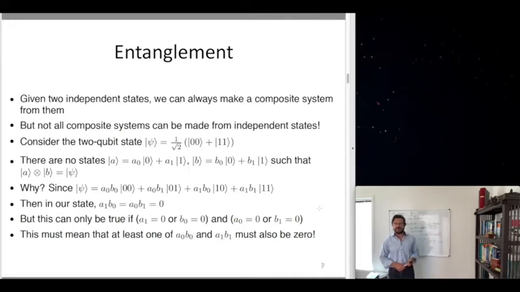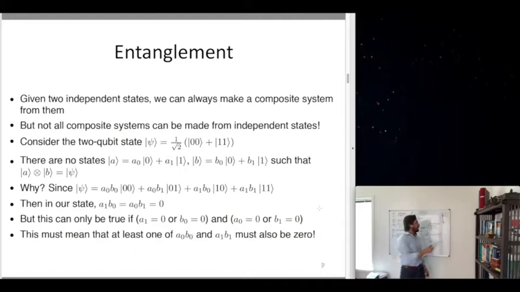If you look at maximally entangled states, such as the one that we have here, you cannot decompose it into a tensor product of 2D states, or 2D vectors.